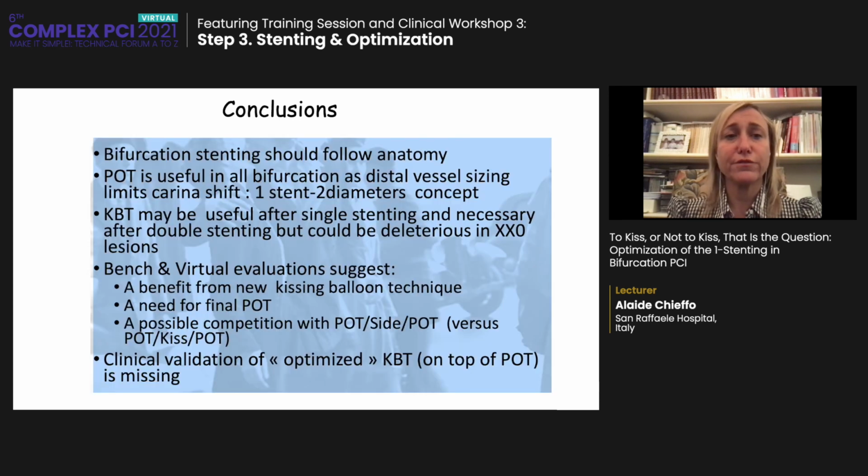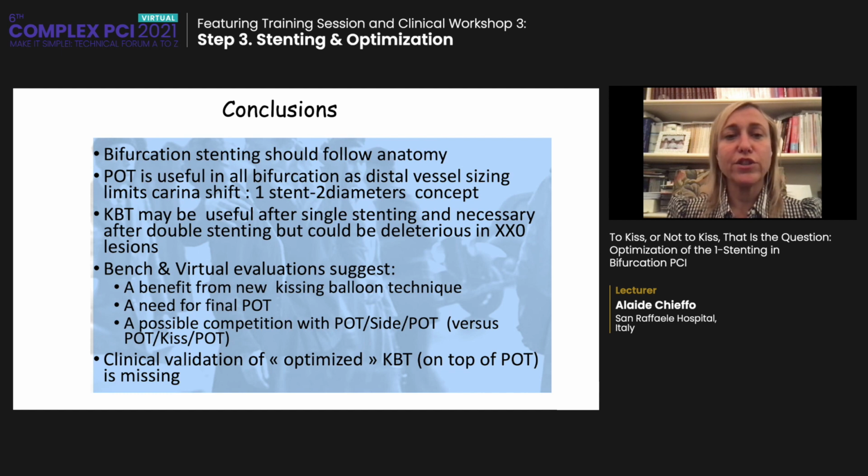In conclusion, bifurcation stenting should follow anatomy. We have seen the importance of the side branch in dictating the kind of technique that you are going to use. POT is useful in all bifurcations as distal vessel sizing limits carina shift. Kissing balloon inflation may be useful after single stenting and necessary after double stenting, but it could be deleterious in non-true bifurcations.